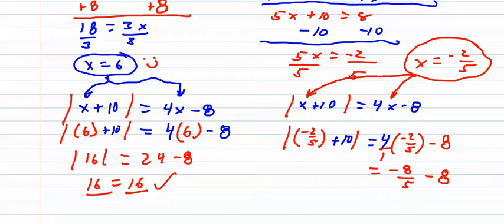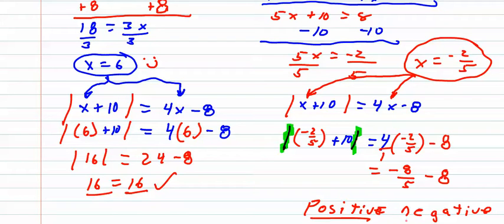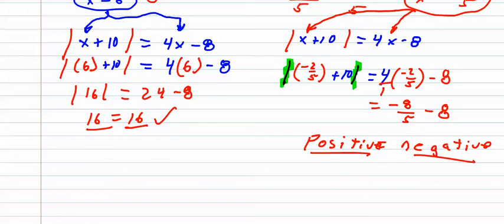A negative minus a negative equals a negative. This absolute value here has to equal a positive number. I don't even care what those two numbers are, because a positive is not equal to a negative. I know we have a bad answer, and we can stop. We don't even have to evaluate it in this case.